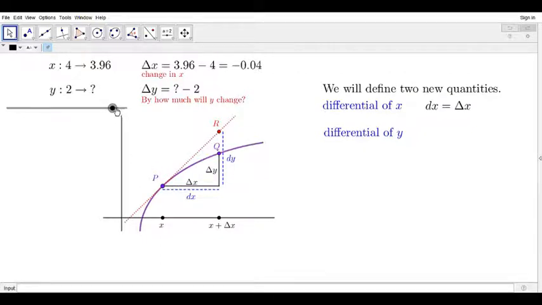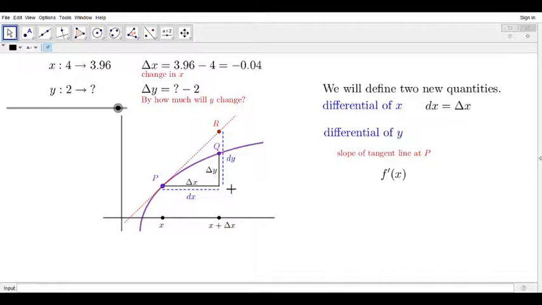Consider the slope of the tangent line at P. What's the slope? The slope is f prime of x. However, this is also the slope of the line from P to R. And from high school algebra, that's merely the rise over run.